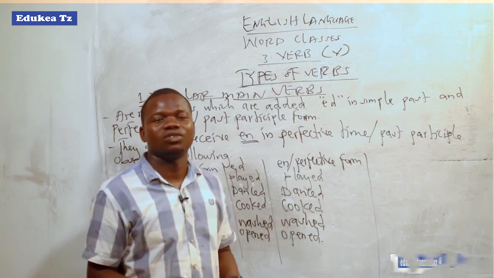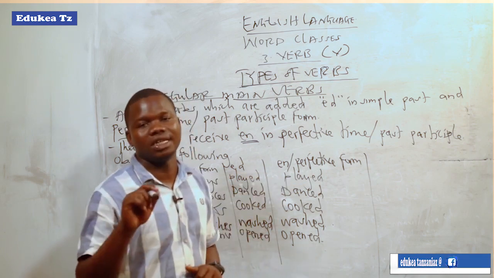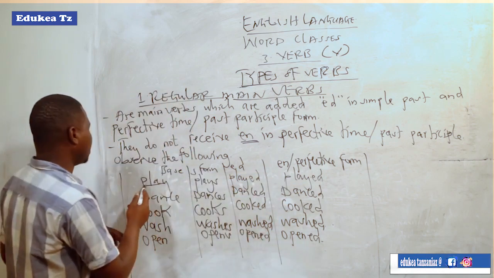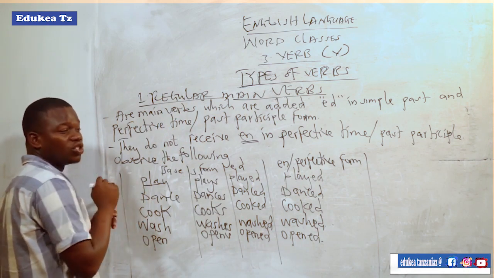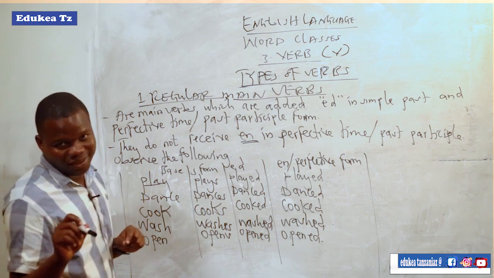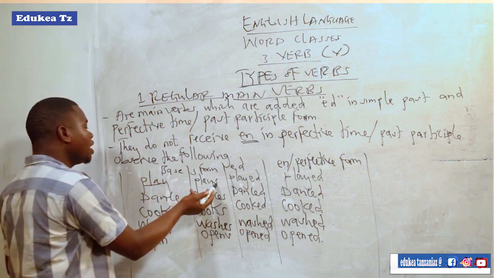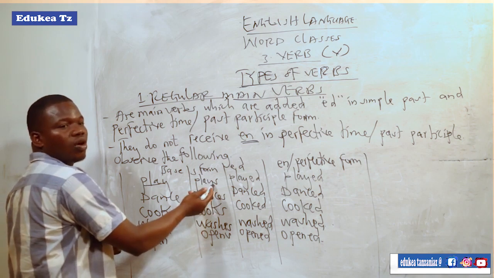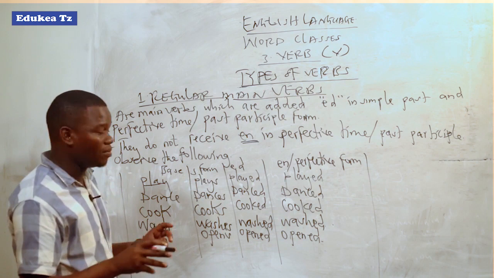So one of the functions of those attachments is to show tenses. For example, this play is the base form. Normally this base form shows simple present for such subjects. Again, the S form also shows simple present for some subjects.